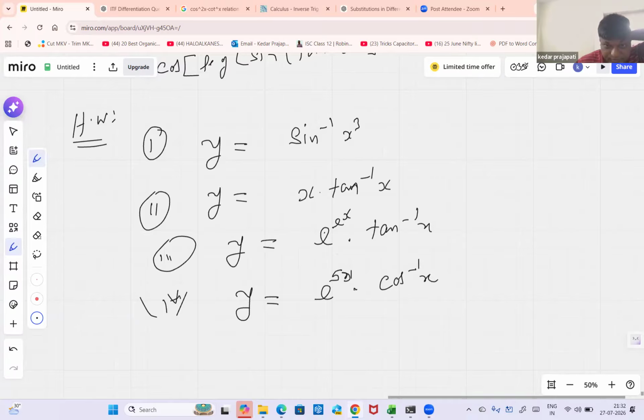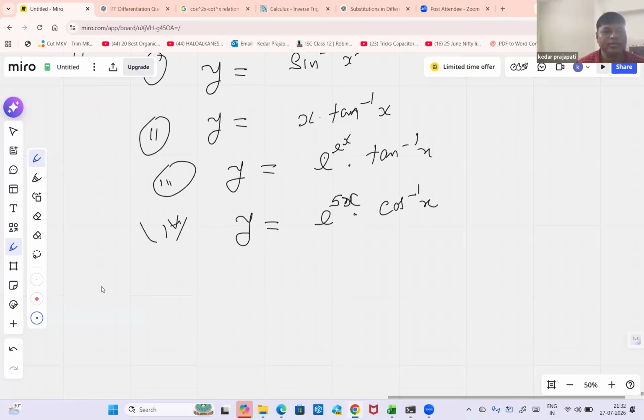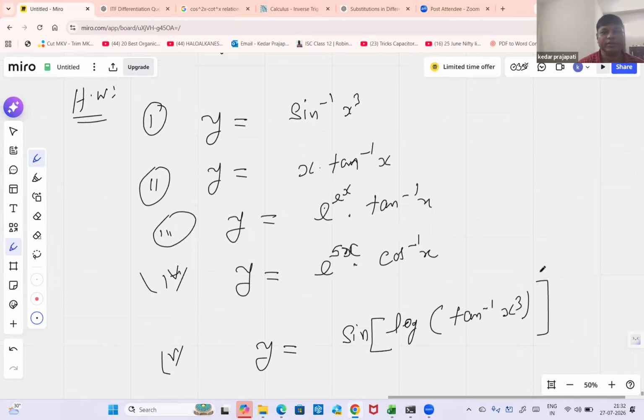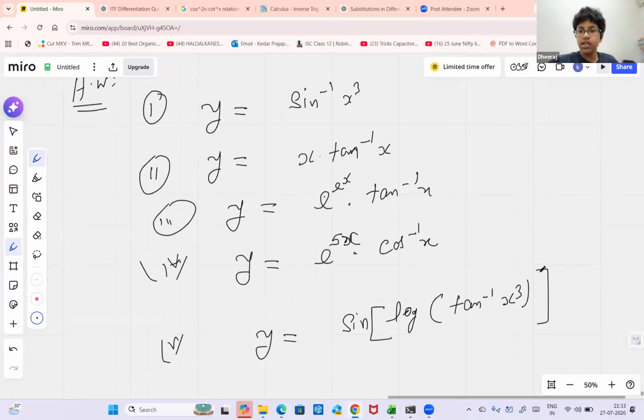This is 5x. Take one very long: y equal to sine of log of tan inverse x cube. Are you able to take? Yes. I'll take a screenshot, one second. Okay, take.